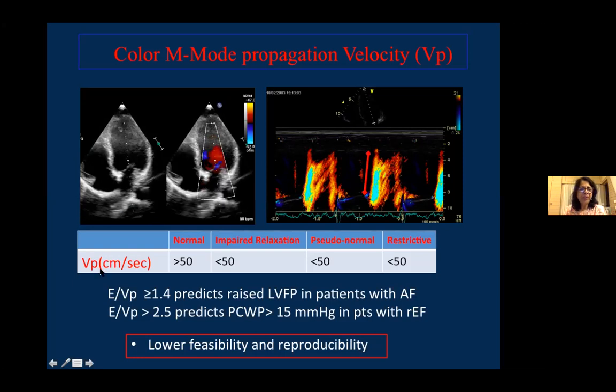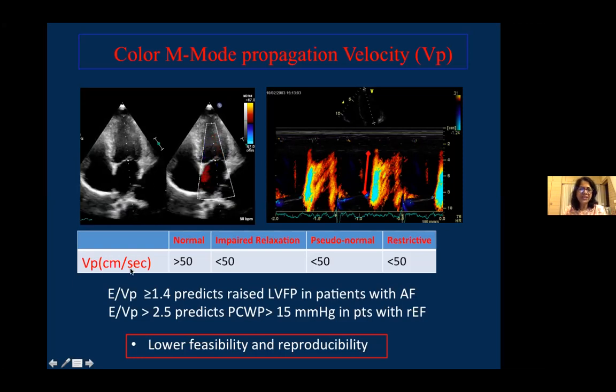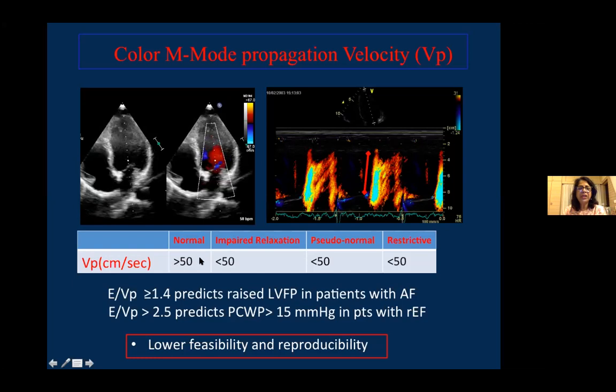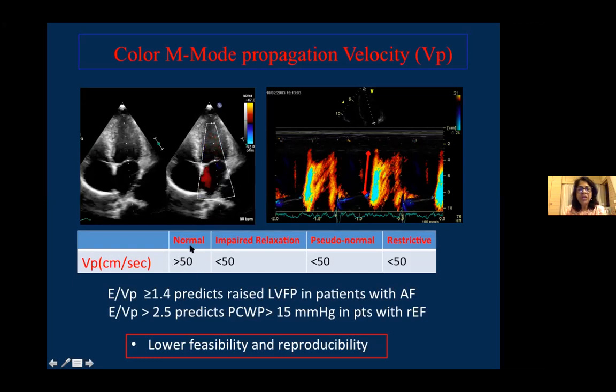So this VP, which is expressed in centimeter per second, normally is more than 50. But in all other grades of diastolic dysfunction, it is less than 50. So you cannot differentiate whether it's grade 1, grade 2, or grade 3. However, you can comment whether it's a normal slope or it is reduced.